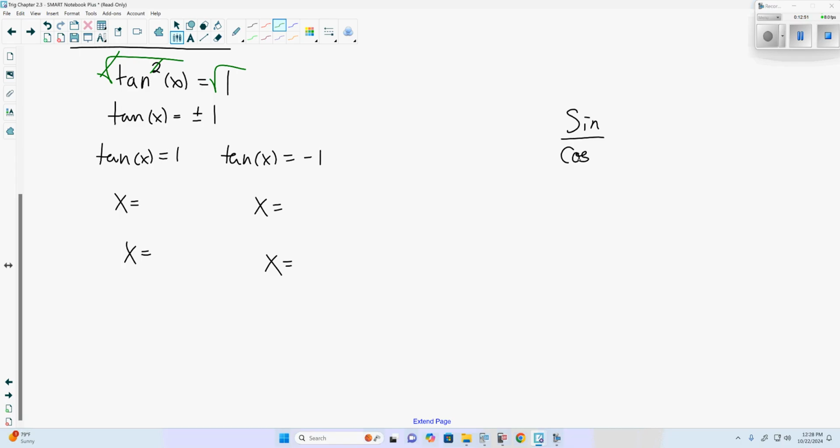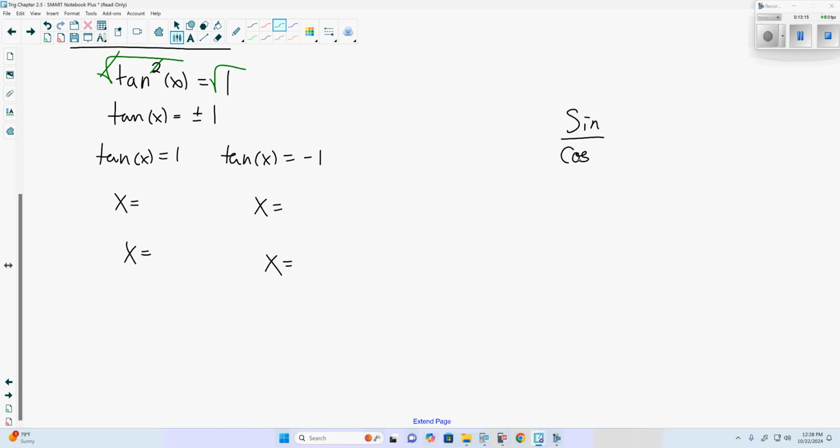The only way we can get 1 from dividing two things is if the value of both of those things is the same. Because if we divide anything by itself, it reduces to 1. Yes? Where on the unit circle are sine and cosine the same? Not so much their sign, but just have the same value.